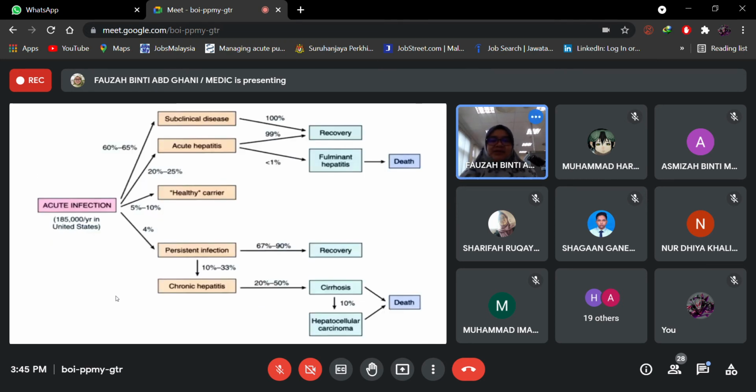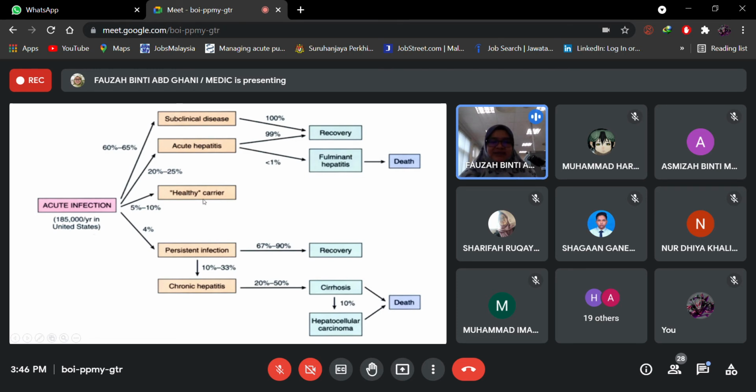Okay, all right. So another representation to understand the outcome from acute infection. The majority is subclinical disease, and they can recover. Acute infection leading to acute hepatitis is about a quarter of the cases, where most recover, and some become fulminant hepatitis and die.